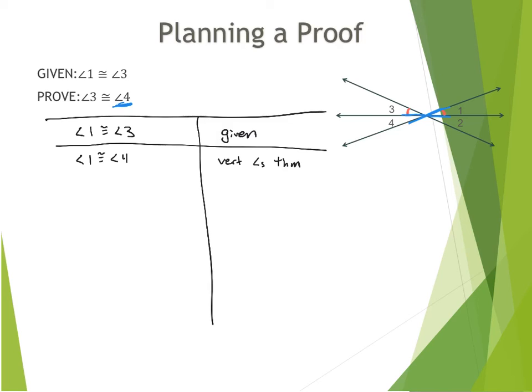All right. Now I have that angle 1 is congruent to angle 3, and I have that angle 1 is congruent to angle 4. So I can now say that angle 3 is congruent to angle 4 because of the transitive property. All right. And that matches exactly what I'm trying to prove, so I'm done.